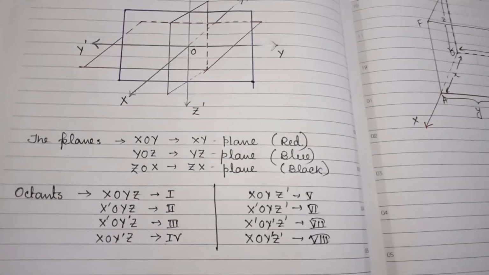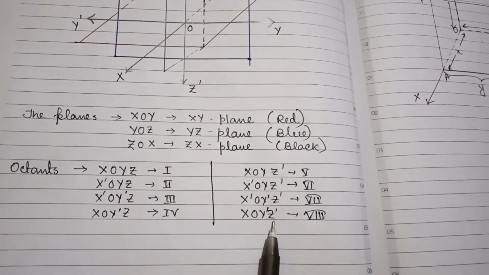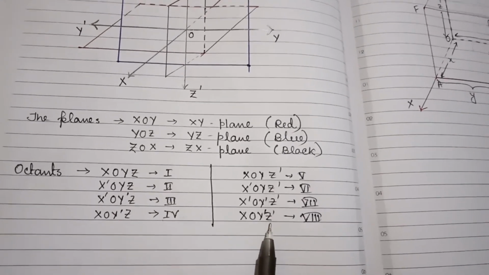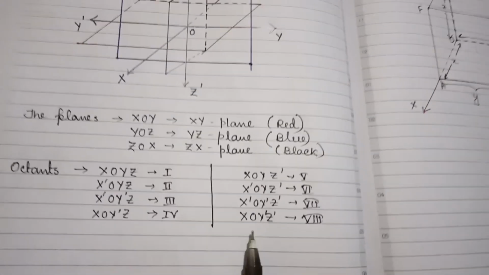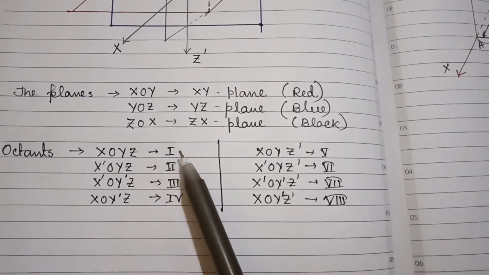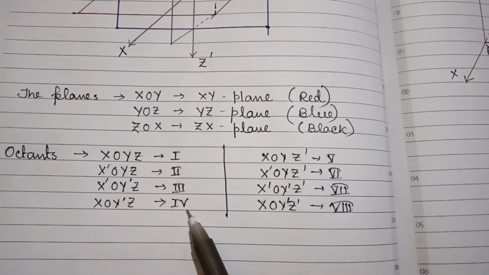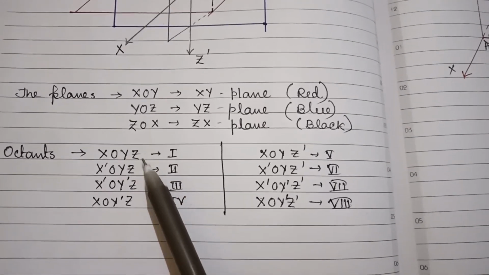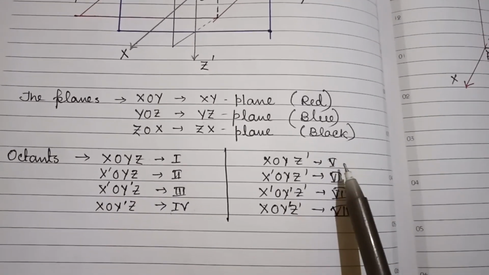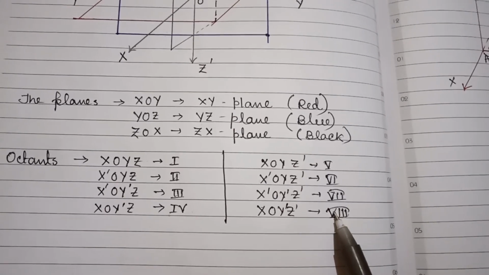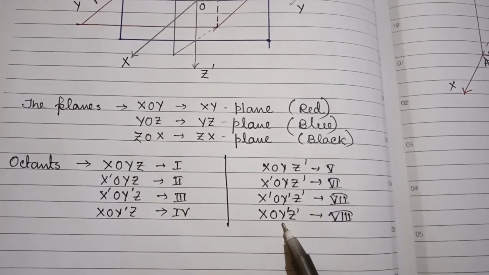Now you must be thinking that these are really hard to remember. Not really, there is a trick. Look at this: 1, 2, 3, 4, these 4 octants have Z, and 5, 6, 7, 8, these 4 octants have Z dash.